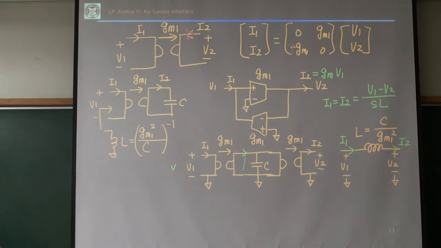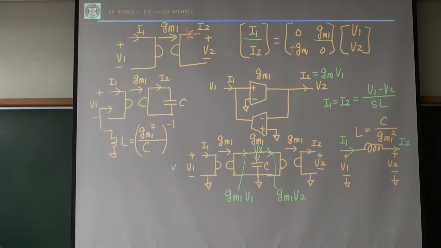This current is GM times V1. And then what's this current? That current is I1 here, right? Which is GM times V2. And then what's the current flowing into this capacitor? Let's just say this is Vx.